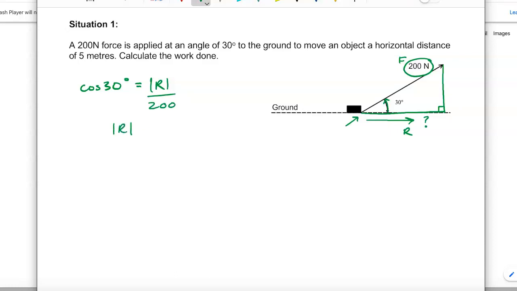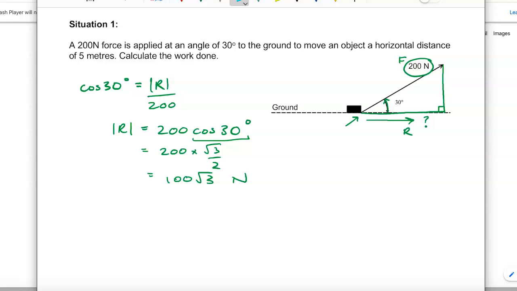So the resulting magnitude, or scalar, is 200 times the cos of 30 degrees. So we've got 200 times the cos of 30, which is root 3 on 2. And that's going to give us a magnitude of 100 root 3 newtons. So that just tells us the resulting force that's going to happen.